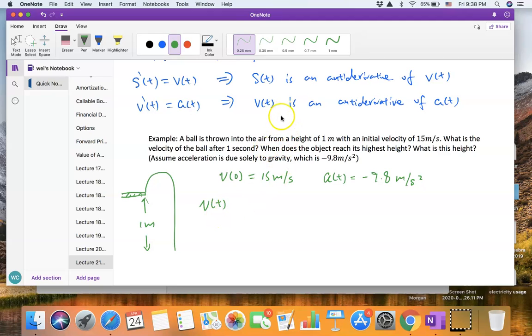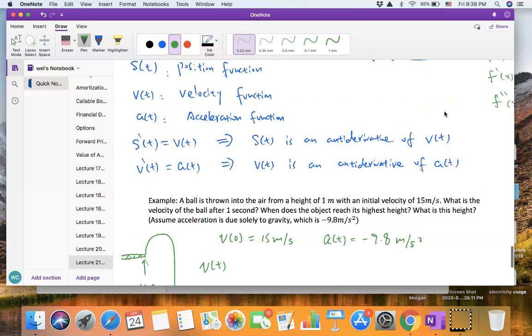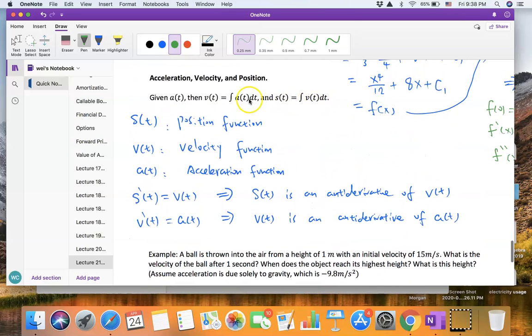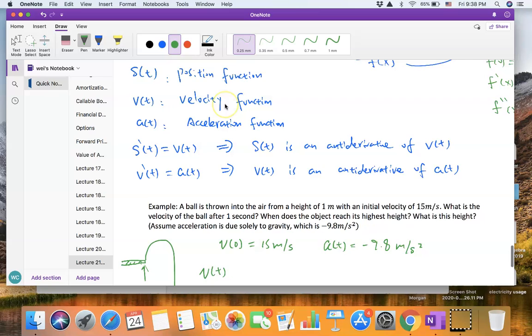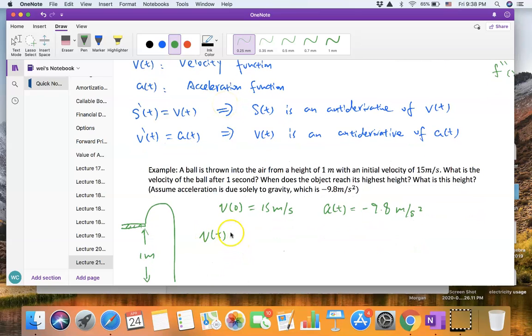Okay, we said since the velocity function v of t is an antiderivative of the acceleration function a of t, so to find v of t equals the integral of a of t dt.